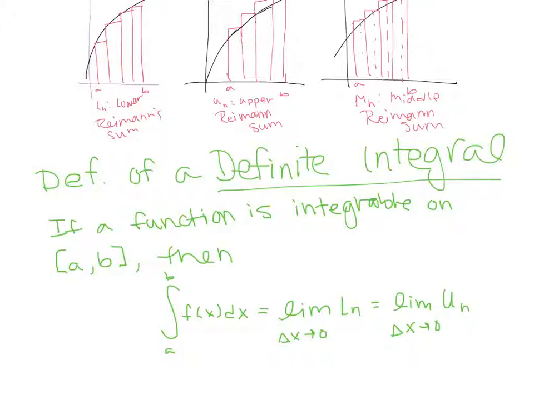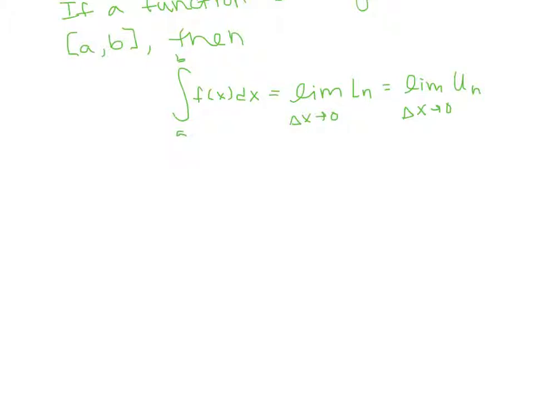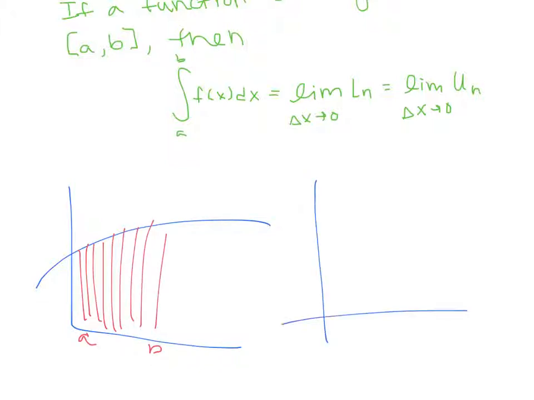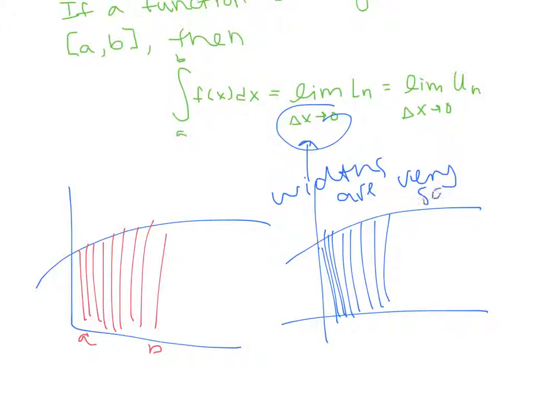What it means as delta x approaches 0 is that the widths of our rectangles are getting smaller and smaller. Right now they're pretty small, but if I went from A to B again and made them smaller, you want the widths to be tiny, so small they're approaching 0.